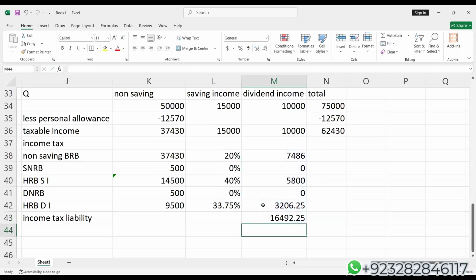Anyone who has got the same answer? Can you reply, please? Anyone with the same income tax liability or no one? Students, anyone who is having the same answer? Students, I'm waiting. Yes or no, you can reply.